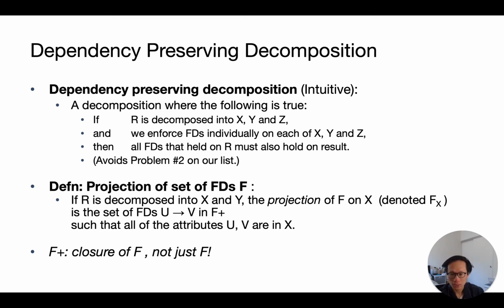And then just take from that full closure only those FDs that reference the variables in X. And that's F sub X, or F projected to X.